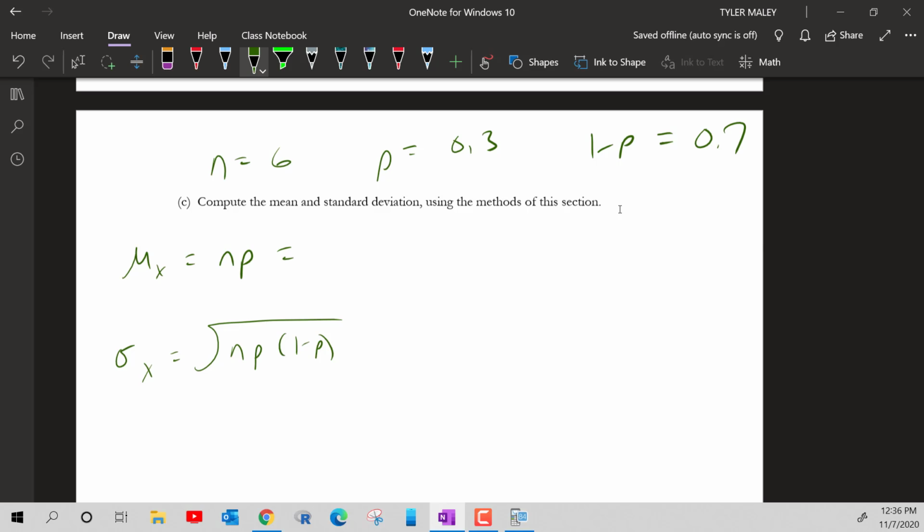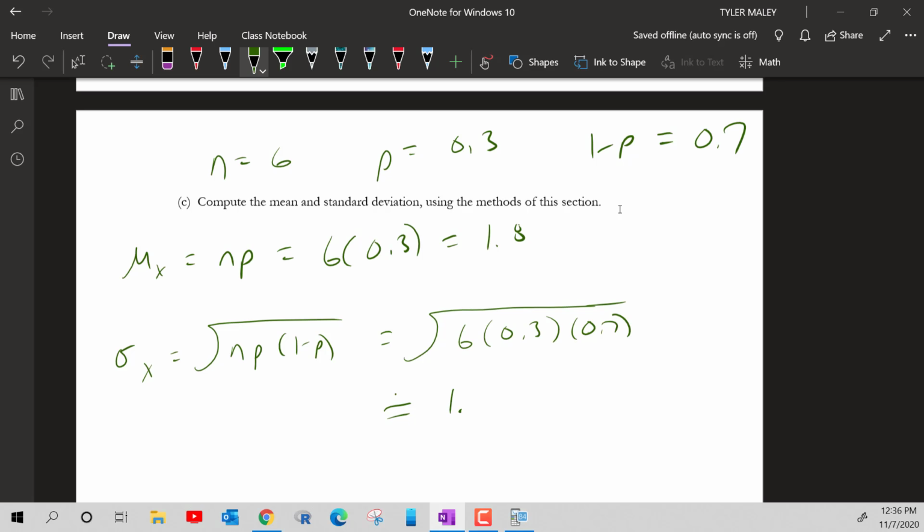So the mean would be 6 times 0.3, which is 1.8. And the standard deviation would be the square root of 6 times 0.3 times 0.7, which if you put that in your calculator, equals approximately 1.1. Just like we found.